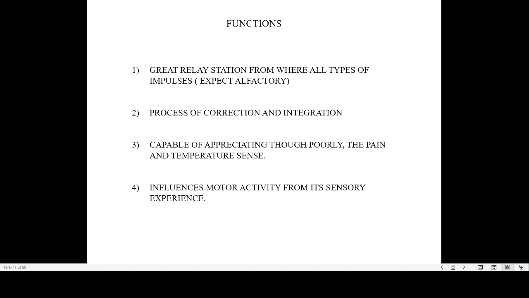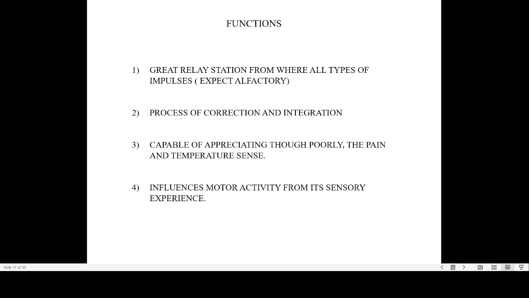So it is called a relay station for the sensory impulses except olfactory impulses. And also it is a process of correlation, correction and integration, which is the main process of the thalamus function.